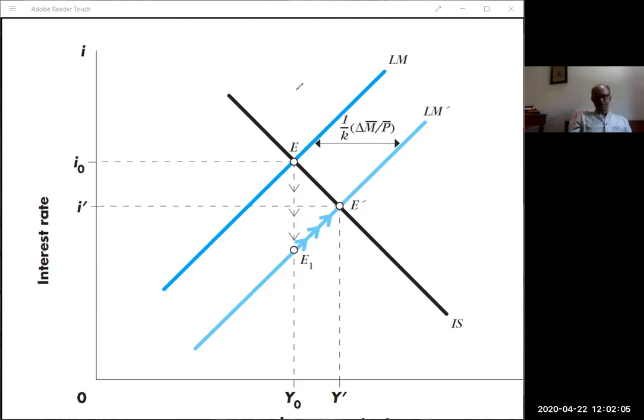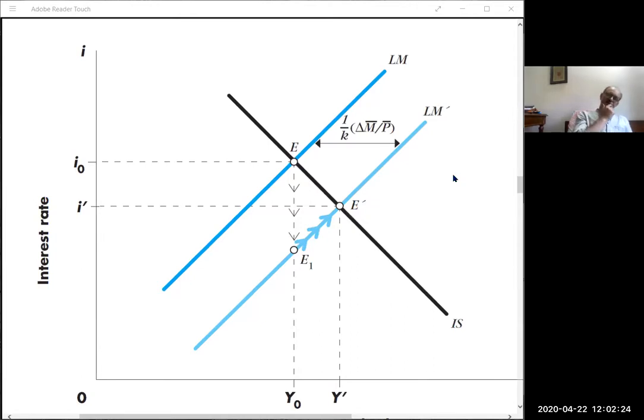So this is the story. You can see the movement along this IS curve, that the output is increasing as the rate of interest is declining. So this is how it works.